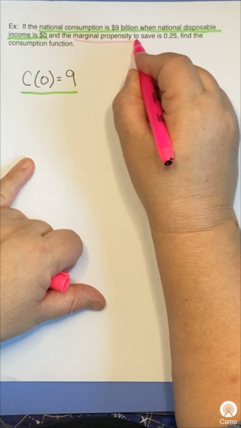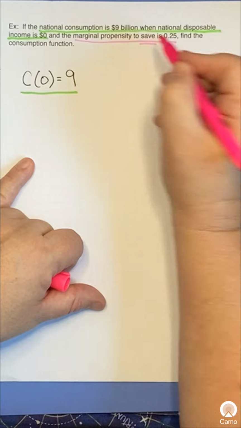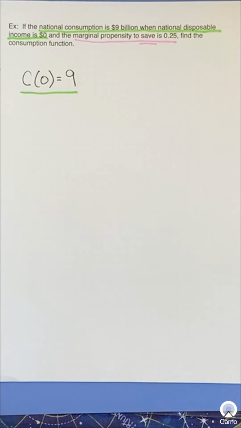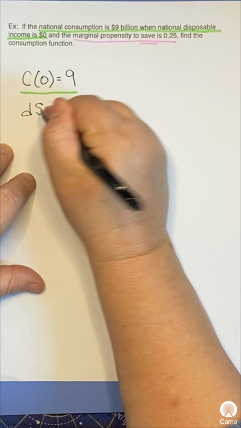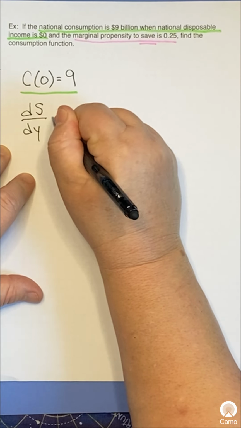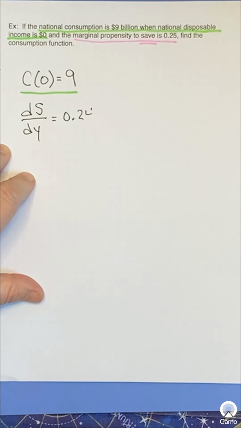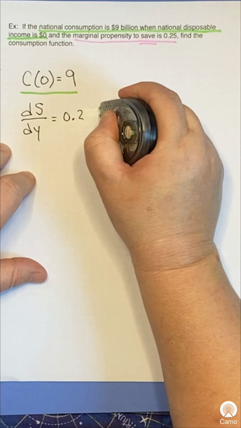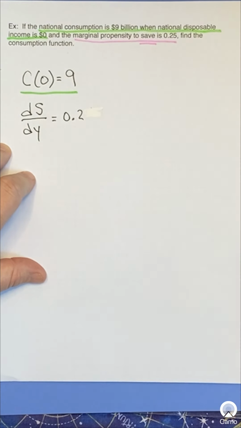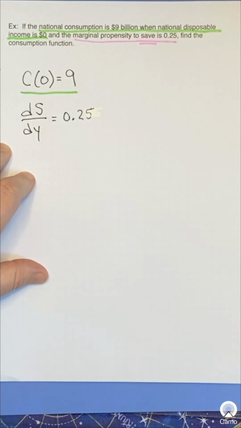The marginal propensity to, and be very careful with your reading, because that's the marginal propensity to save, ds dy, is 0.25.